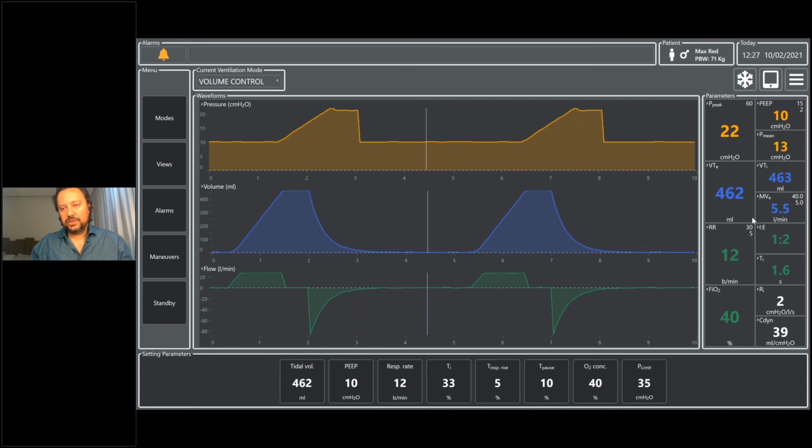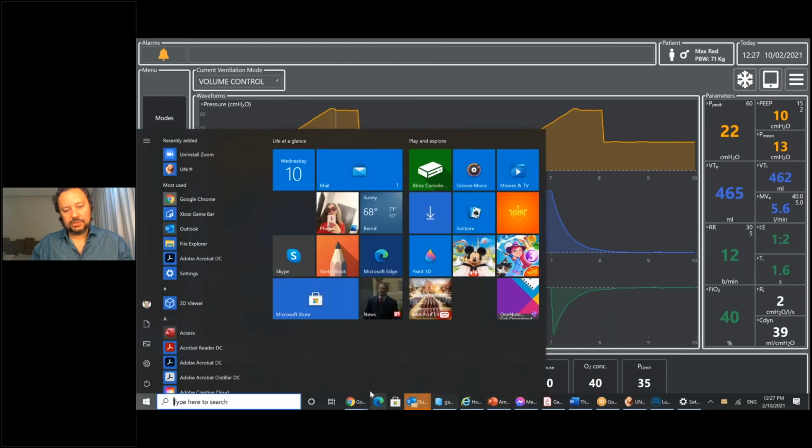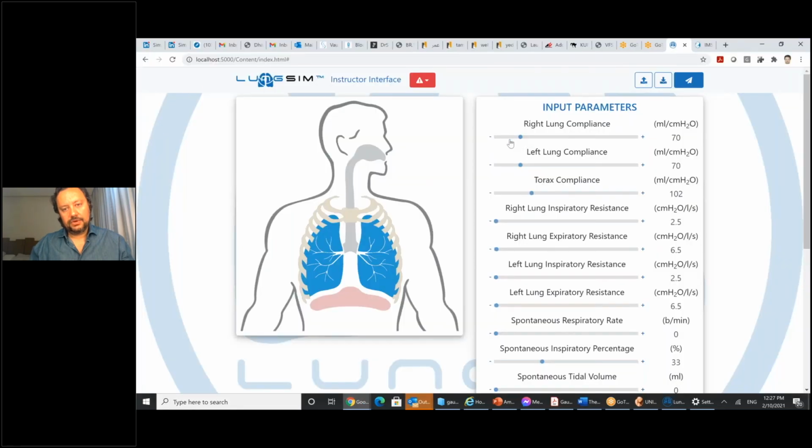So let's see what changes with decreased compliance and increased resistance. I can push even harder so it becomes obvious. So I can decrease further the compliance.